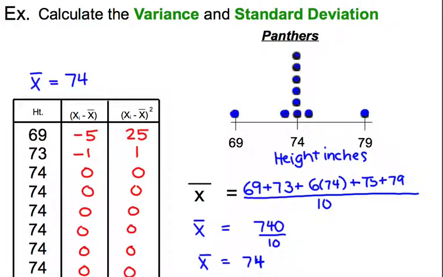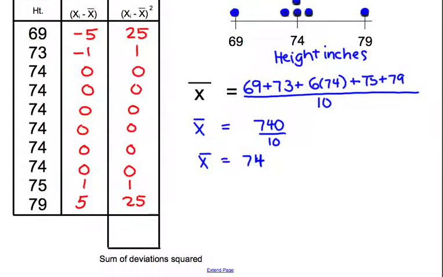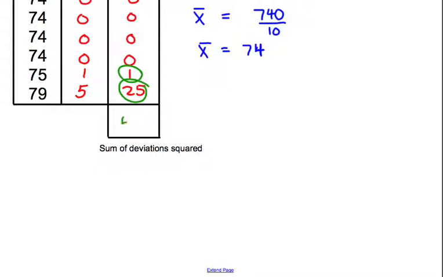So I'm heading to the third column, and I'm going to add up 25 plus 1 plus 1 plus 25. So we're going to get 52. This is the sum of the deviation squared. This represents our variance. As a notation, it's sigma squared.